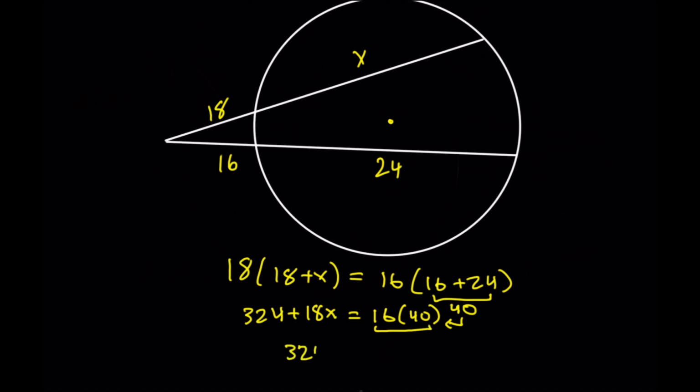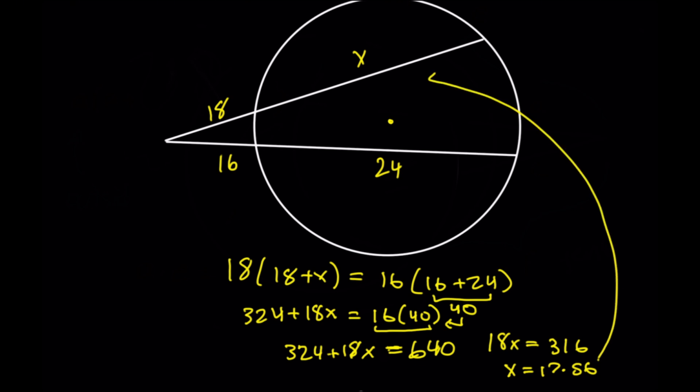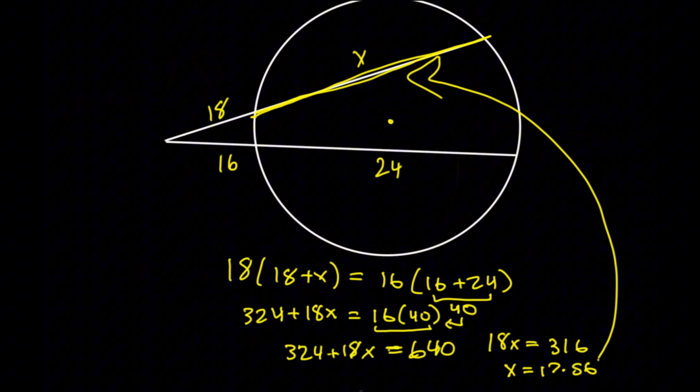So again, bring the equation down. It's not letting me. Is equal to 640, and then 18x is equal to 316, and so x is approximately 17.56. So that is the length of this right here, and that's how we do secant plus secant.